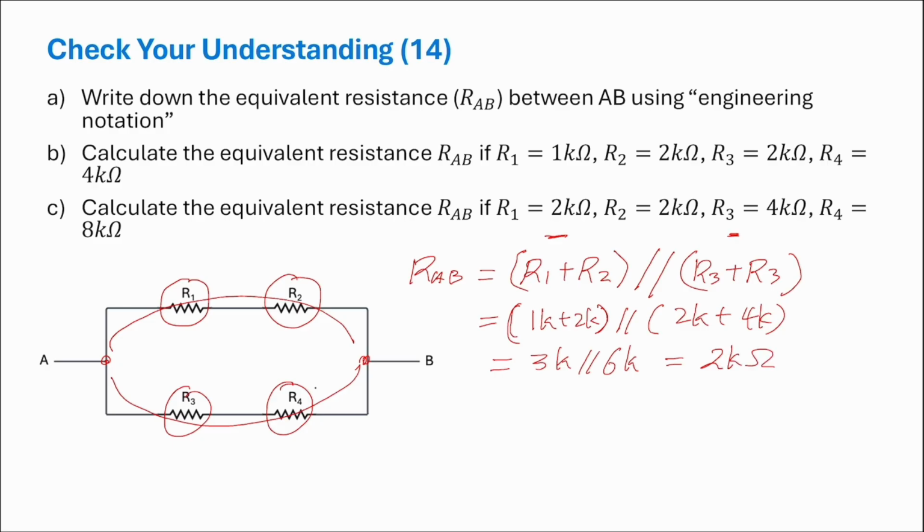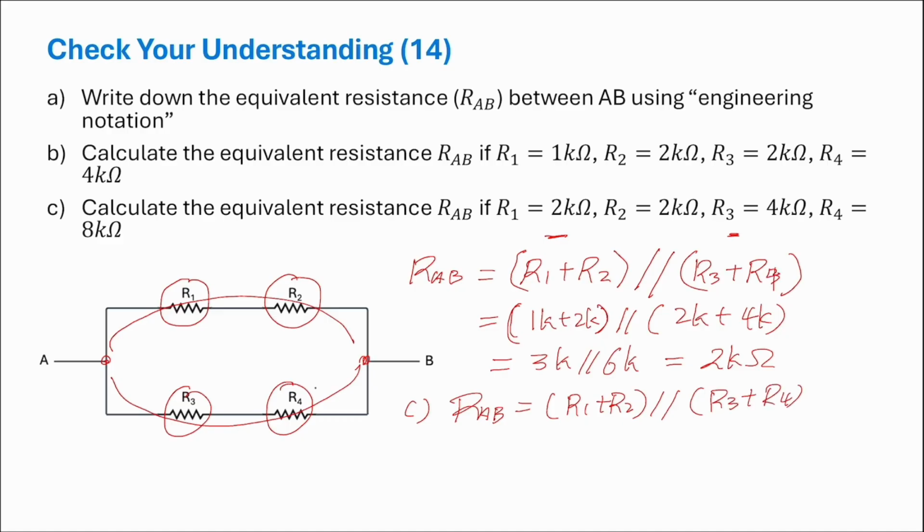Part C, we do the same thing. RAB equals R1 plus R2 bracket parallel R3 plus R4.